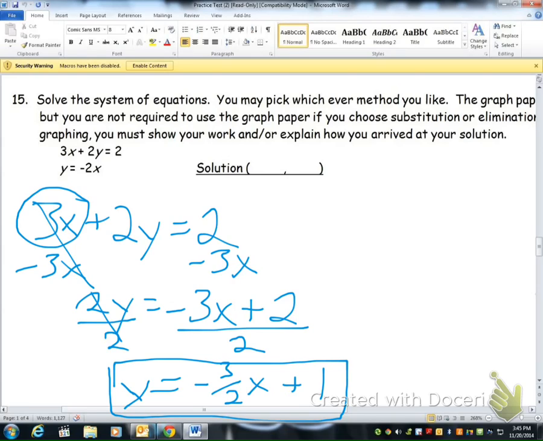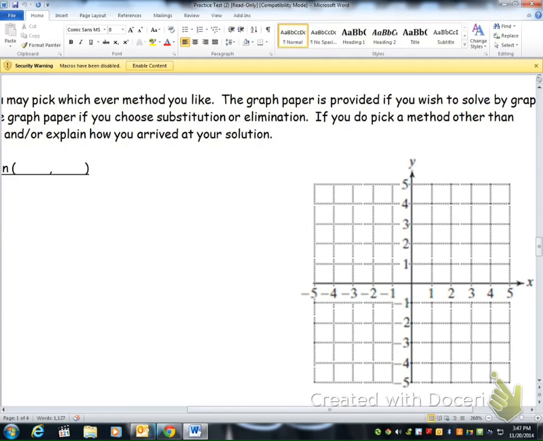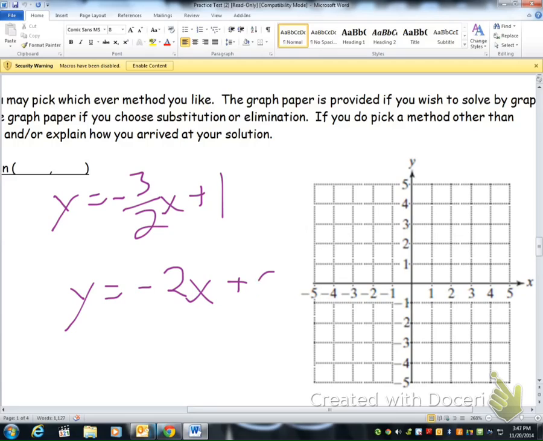And then I also have the equation y equals -2x. So let's look over at the graph. So for the graph, we had our two lines, which were y equals -3/2 x plus 1, and y equals negative 2x plus 0, because if you don't see the y-intercept, that means you're adding 0.